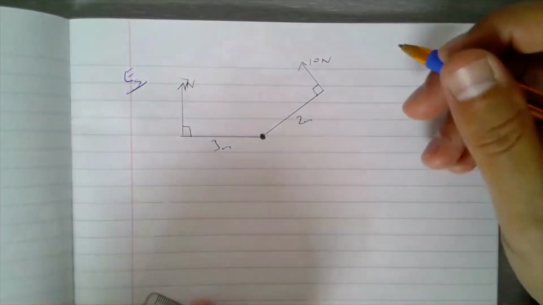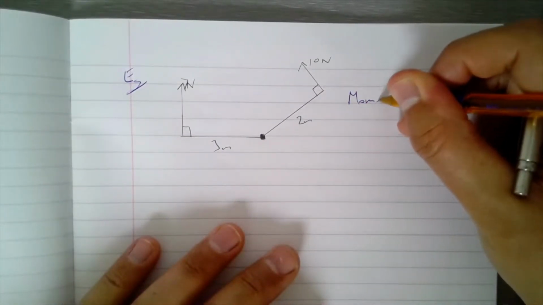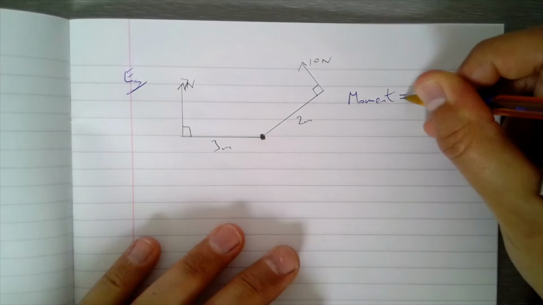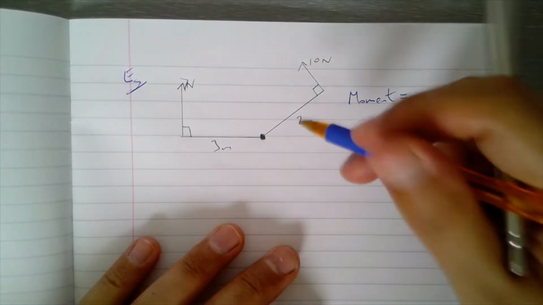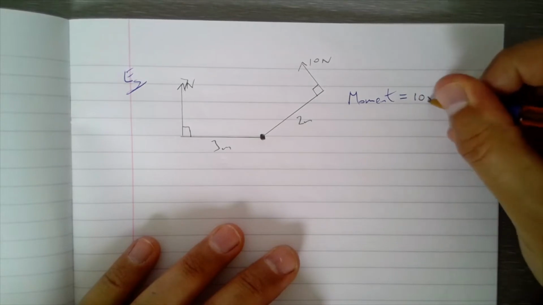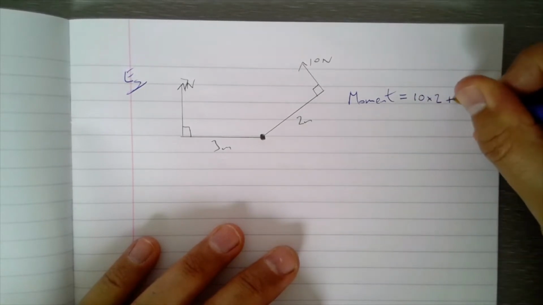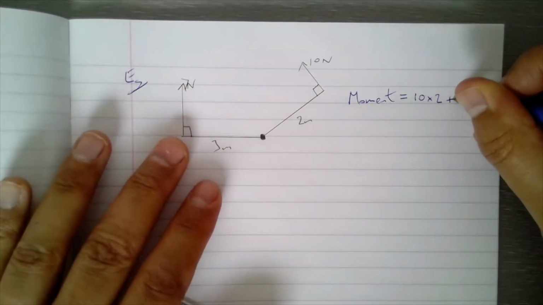So let's find the total moment. We can write the word moment down again, and let's think about the anti-clockwise ones first because we know they're positive. So I've got 10 times 2, and then I've got the second force. So I'm going to add this second force on.